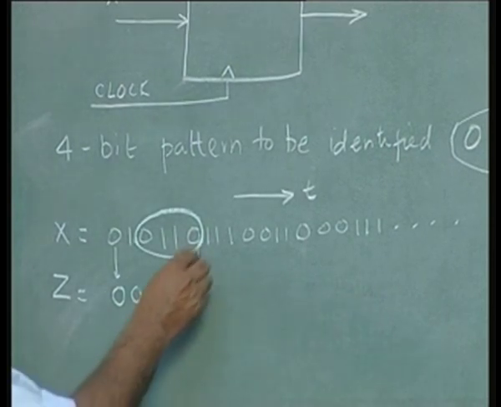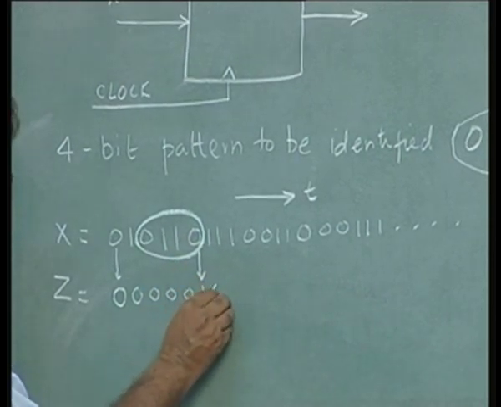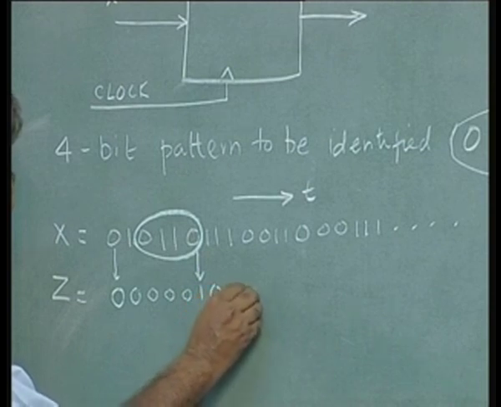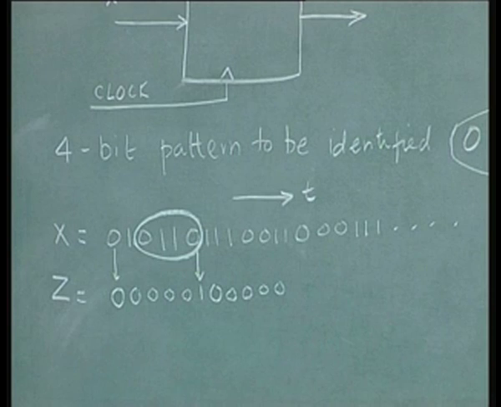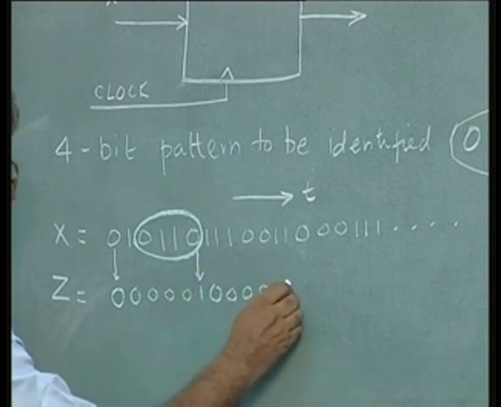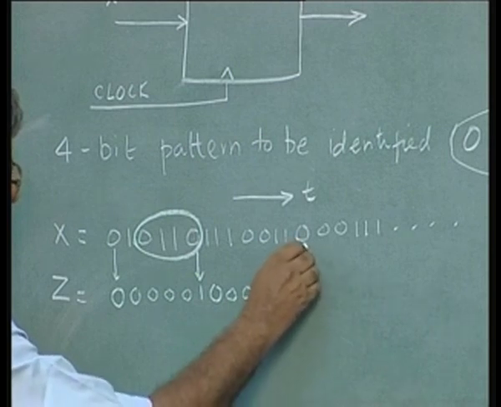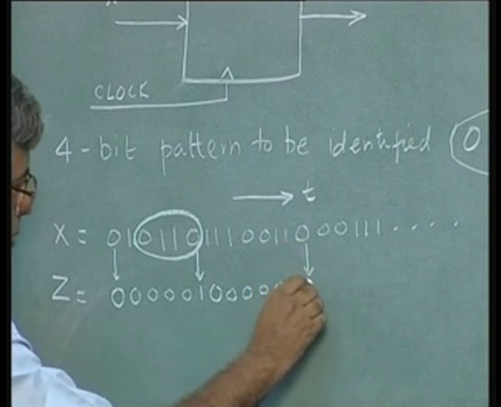Then of course, it will go 0, 0, 0, 0, 0, 0, this again will give me 1.